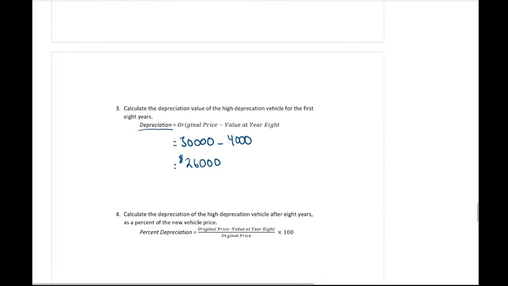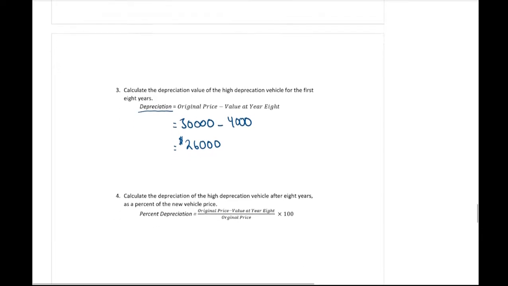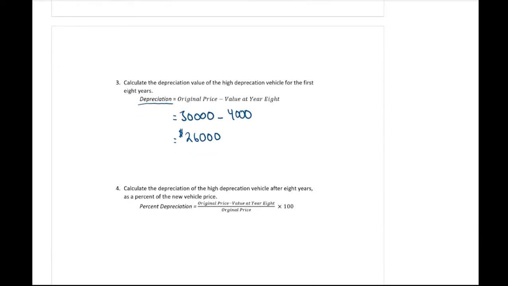We can also calculate it as a percentage, right? So again, it may be better to understand in generalities what percent is it losing over 8 years, because that way maybe you can apply that to many different vehicles, because maybe say it's going to be the same for all these brands, it's going to lose the same percentage.